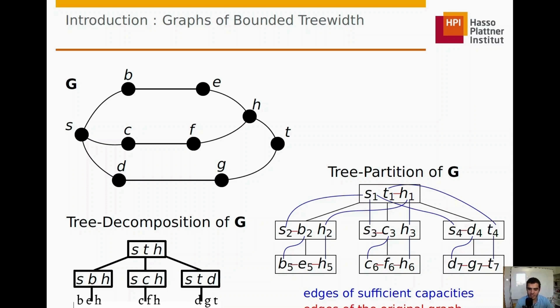The tree partition can easily be obtained from the tree decomposition by just giving numbers to each bag, giving the number as index to the vertices inside each bag, and then connecting the vertices that have the same name but not the same index that are in successive bags. Successive meaning one is a descendant of the other. This in turn will give us a graph in which every edge is situated either inside a bag or between two successive bags, and we will heavily use this for our result.